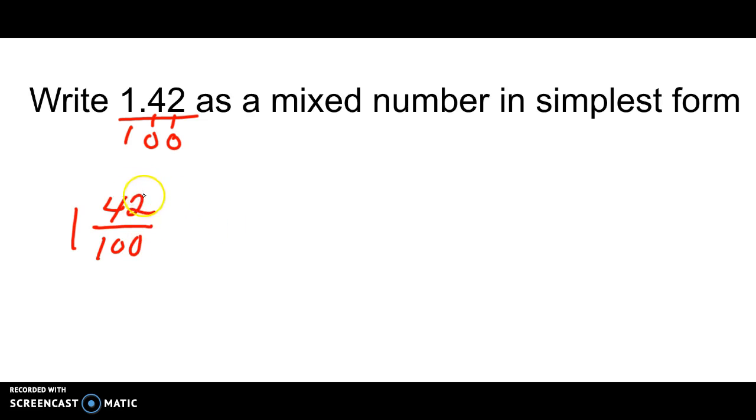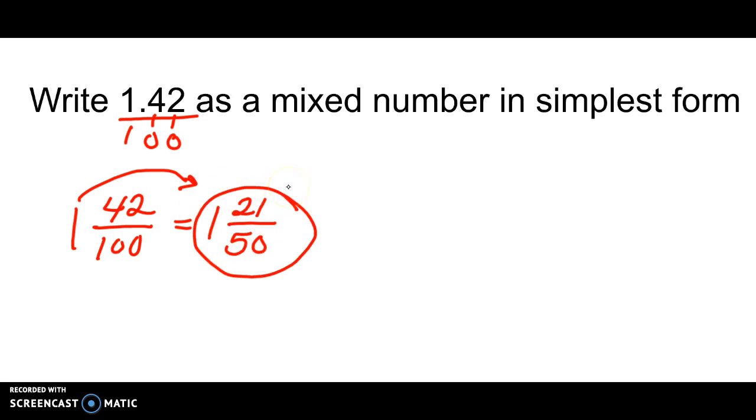I look at the last two digits. They're both even, so I know this is at least divisible by 2. Don't forget to bring the 1 over. You don't lose that. So half of 42 is 21, and half of 100 is 50. Then I look at 21 and 50. There's nothing that can go into both of those evenly, so that's my final answer.